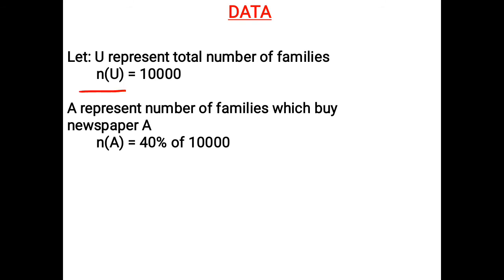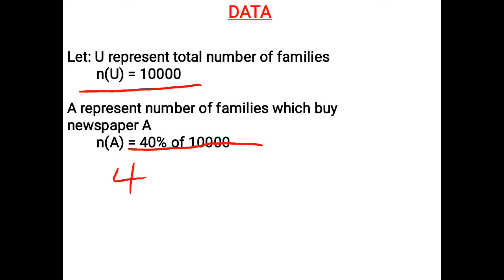That is, number of U equals 10,000. Now we are saying A should represent number of families which buy newspaper A. Number of A is 40% of 10,000. Because you have been given the total number, the universal, we are supposed to find the percentage of it.